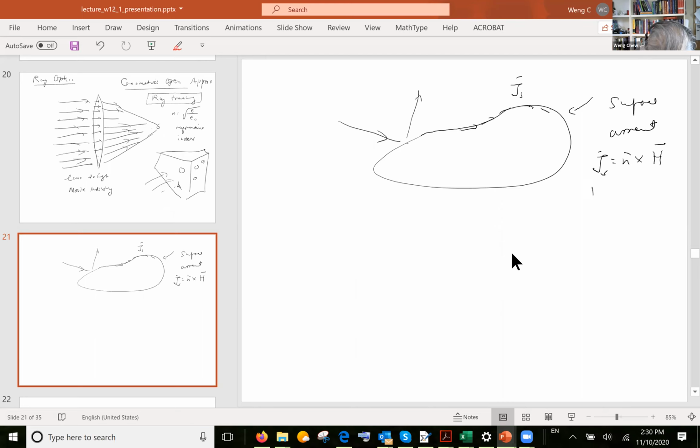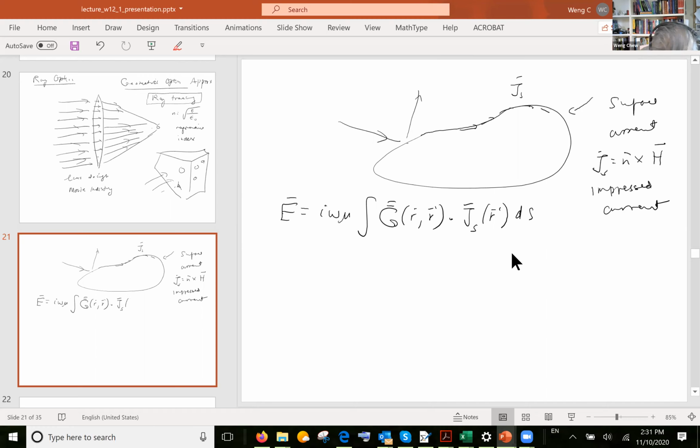These are called impressed currents. And from this current, you can calculate using the Green's function method. Okay, you probably have learned by now that once I have the current, I can compute using the dyadic Green's function. I assigned this as part of the last homework. Okay, I hope it wouldn't blow you away.